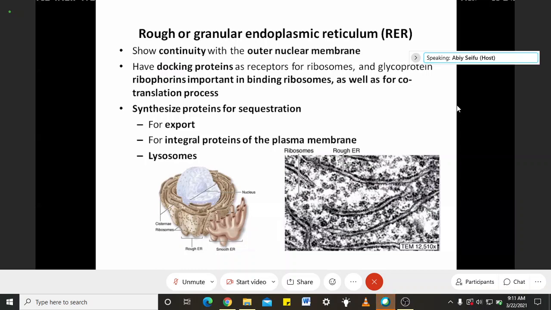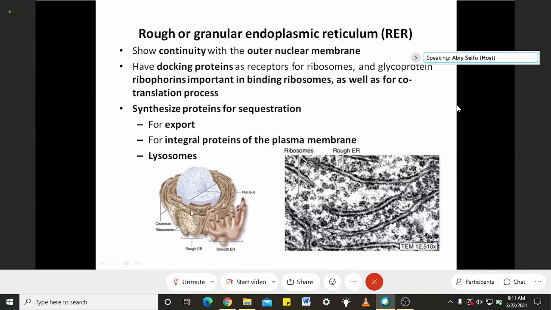I'm not saying the lipid bilayer of one membrane, but the nucleus is surrounded by two membranes, one inner and one outer. This outer nuclear membrane, as you could see here, this is a nucleus, is continuous with the rough endoplasmic reticulum membrane.